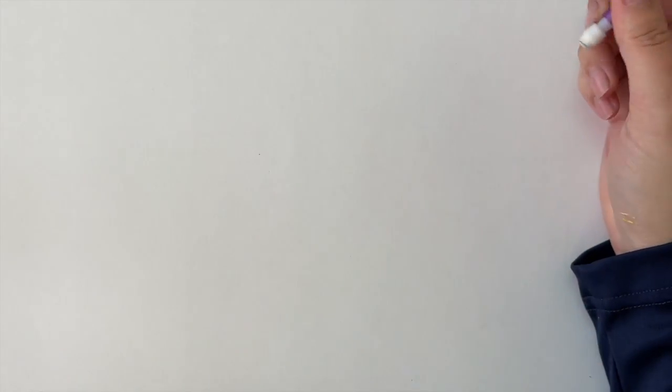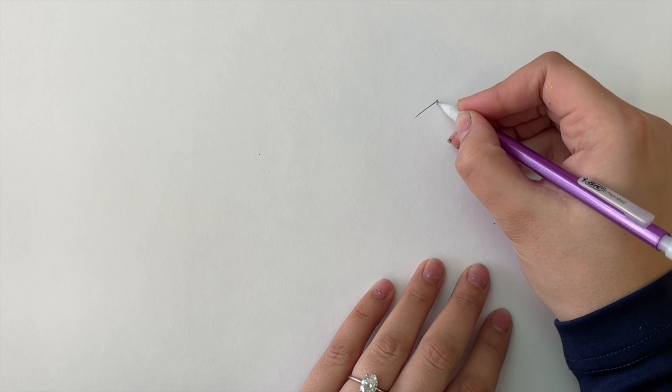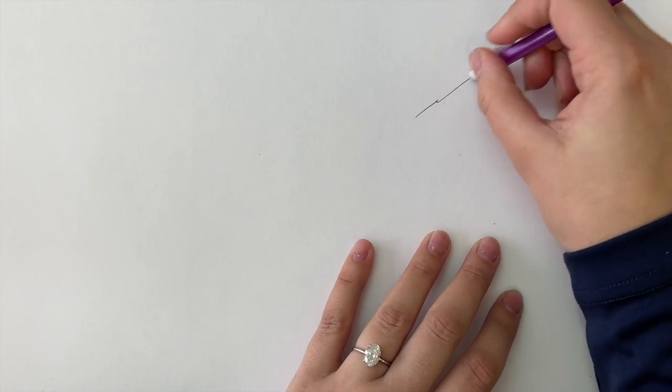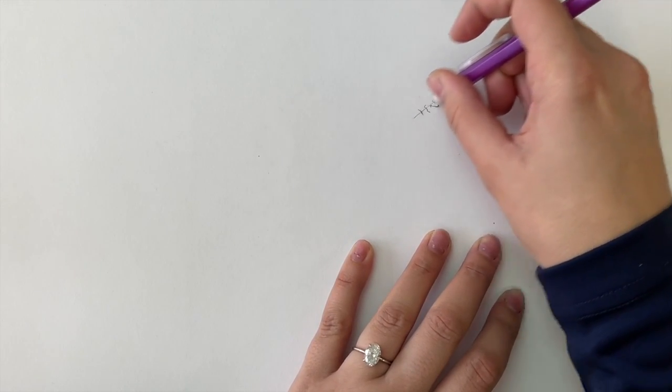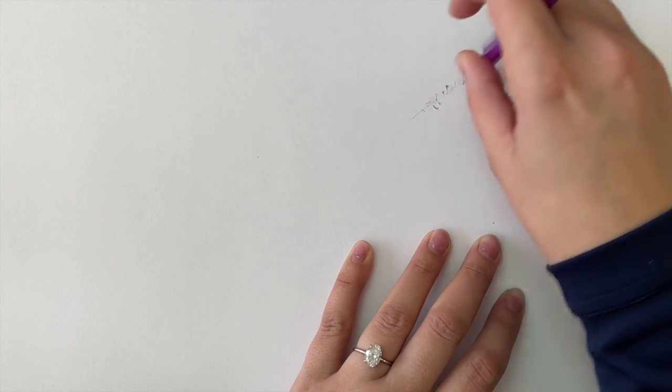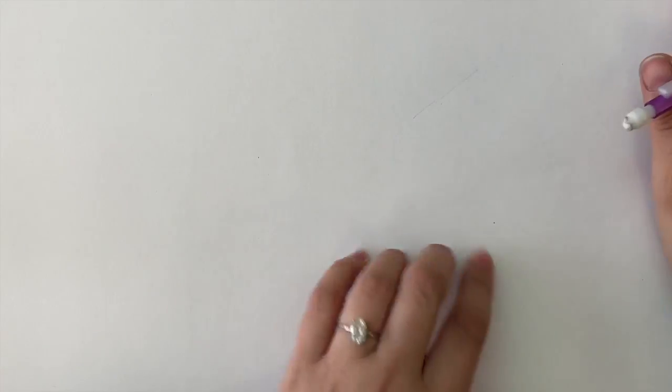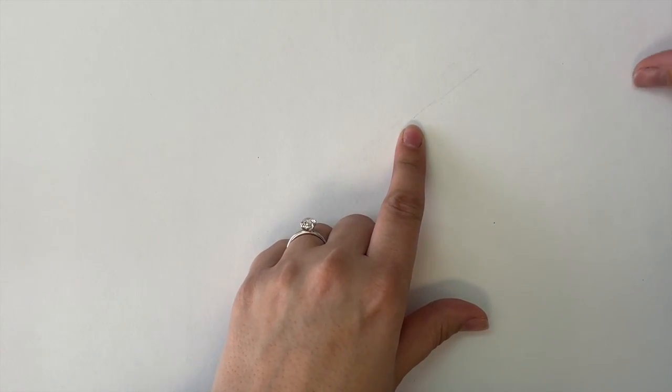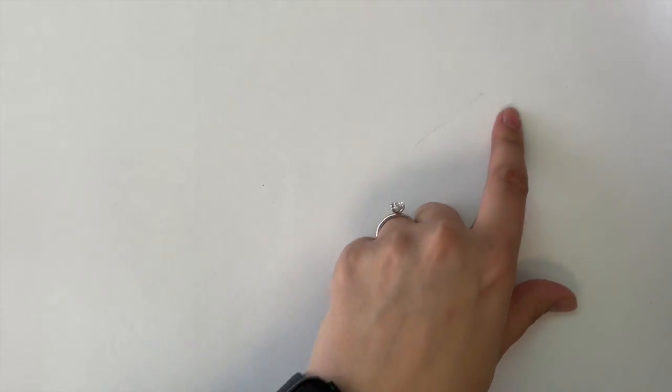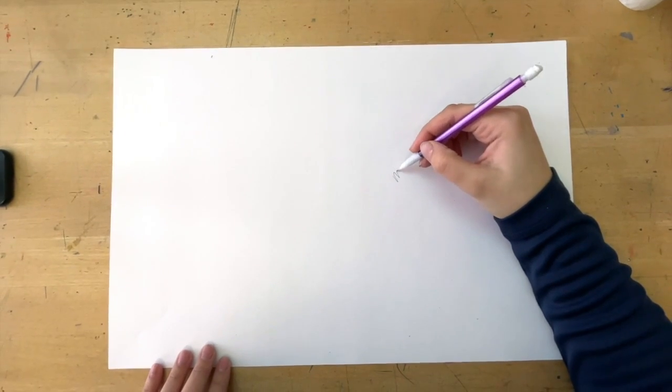If you work lightly, those lines will disappear. If you press hard, those lines are hard to erase. And I'm pressing pretty hard, getting the eraser. You can still see that line in there. We don't want that line in there, okay? Work lightly.